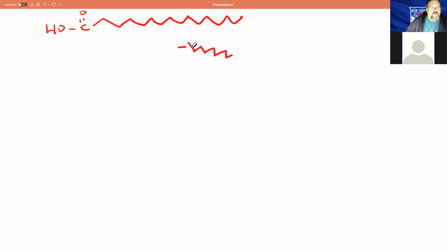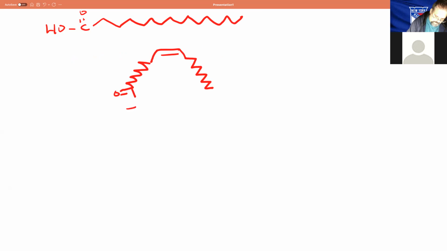So in terms of what an unsaturated fatty acid looks like, relative to the carbon-to-carbon double bond, you have something that looks more like this.